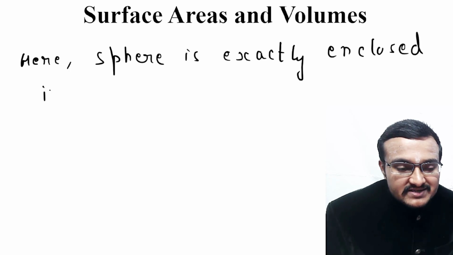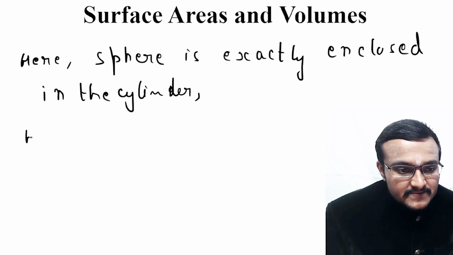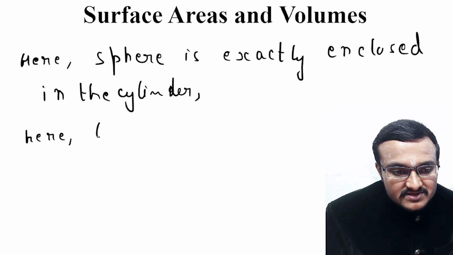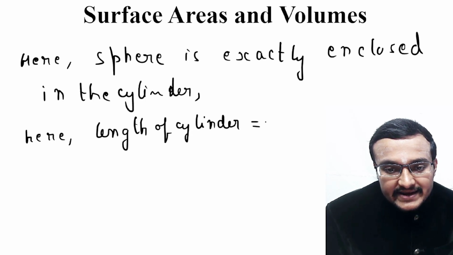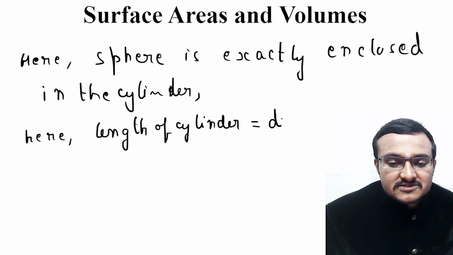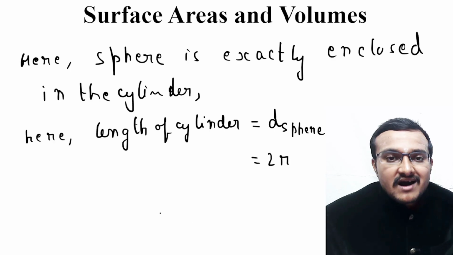Because the sphere is exactly enclosed in the cylinder, the length of the cylinder will be equal to the diameter of this sphere. The diameter of the sphere is nothing but 2 times r.